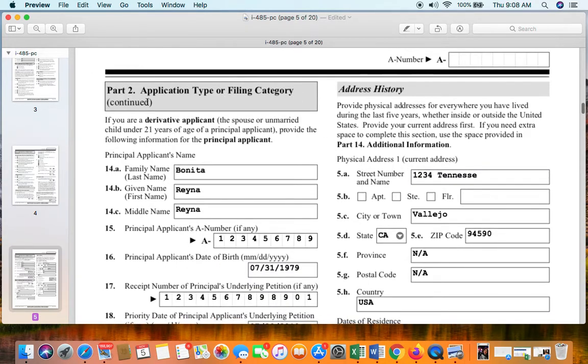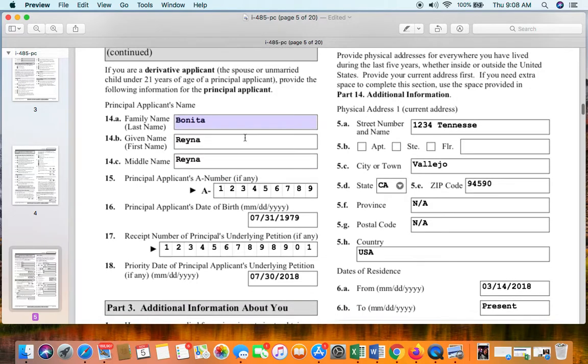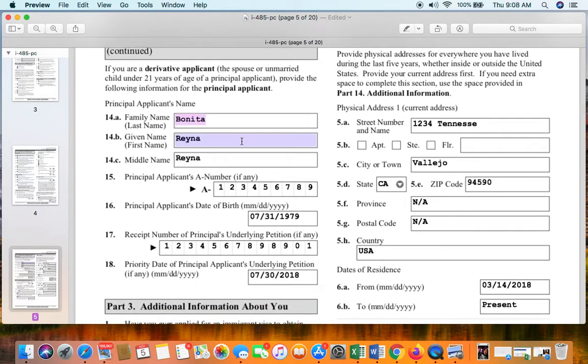Application type of filing category. Okay, if you are a derivative applicant, the spouse or the unmarried child under 21 years of age of the principal applicant, provide the following information for the principal applicant. So I was the principal, so this section is mine. I'm going to put my last name on it, Bonita, Reina.